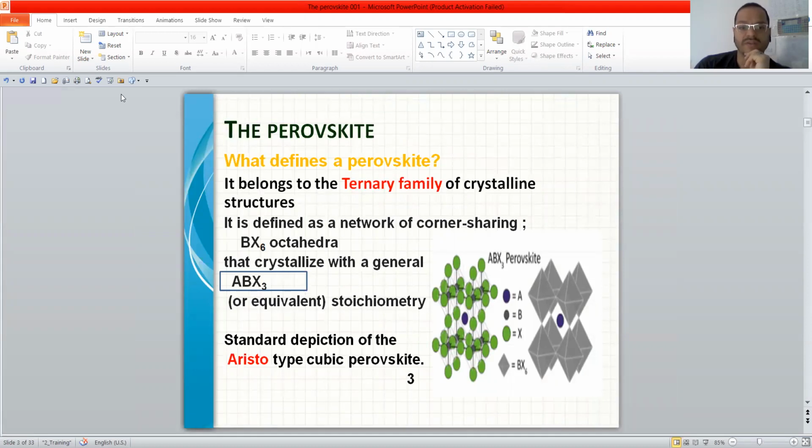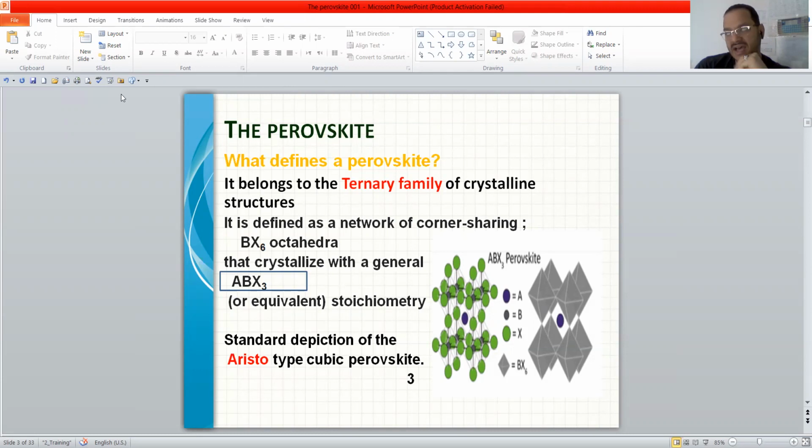Now let's know what perovskite means. Let's give an appropriate definition to this perovskite. It belongs to the ternary family of crystalline structure. It is defined as a network of corner-sharing BX6 octahedra.